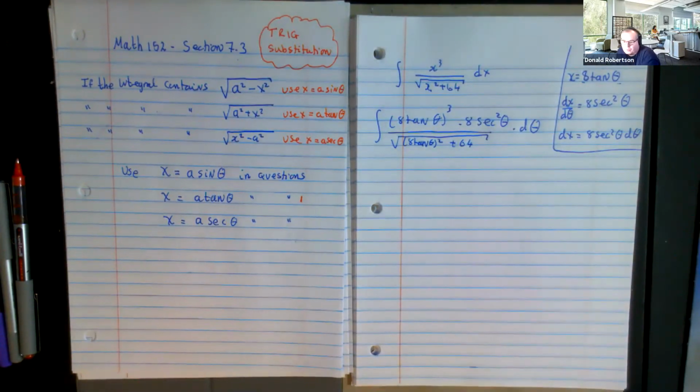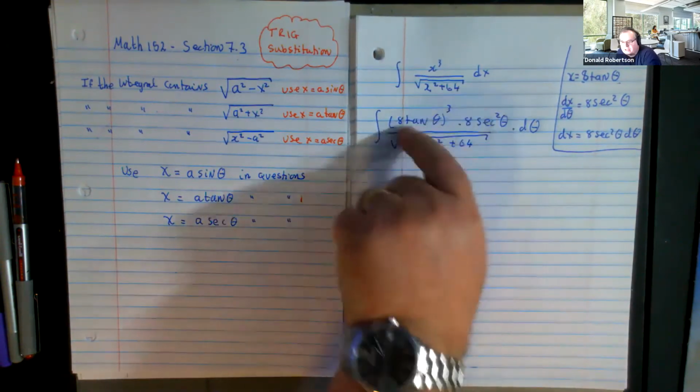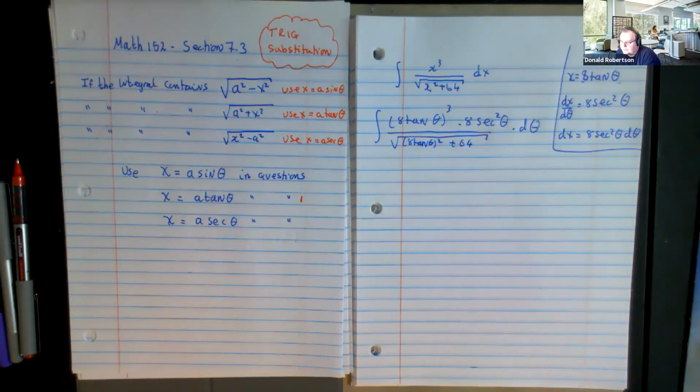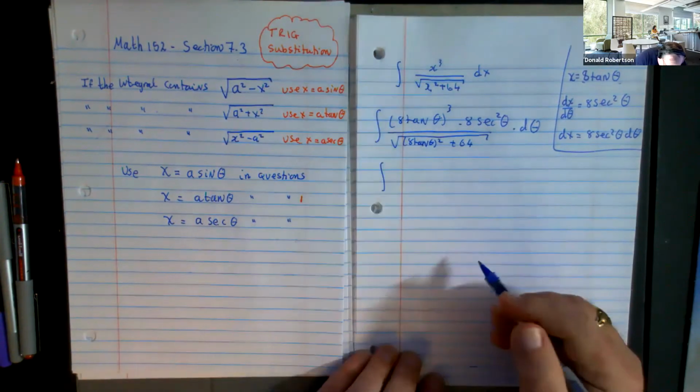So typically what you should be left with here is a whole load of ugly trig with thetas in it everywhere, right? So the next few lines, my goal is to make that as pretty as possible, because if you make it pretty, it's probably going to be integratable in a reasonably easy way, fingers crossed. So there's quite a lot of things I need to do.